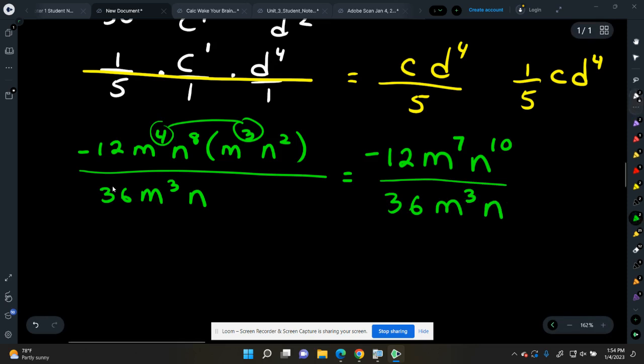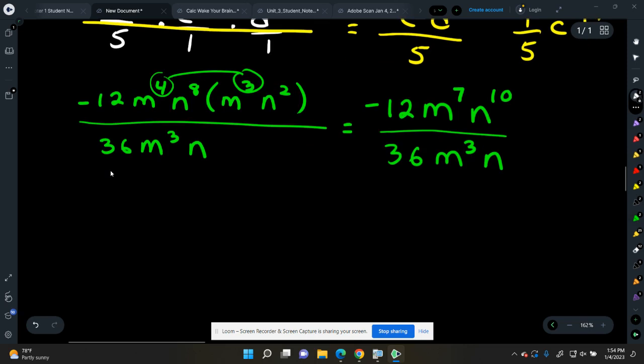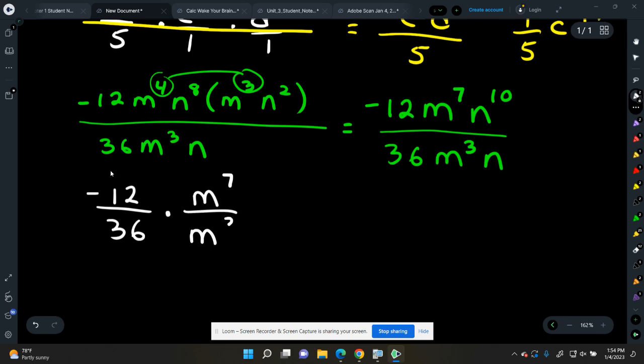Now we'll go ahead and separate them. So we have negative 12 over 36 times m to the 7th over m to the third times n to the 10 over n.